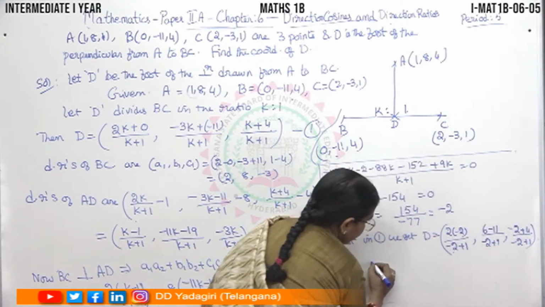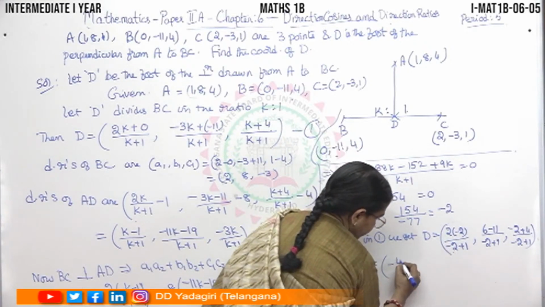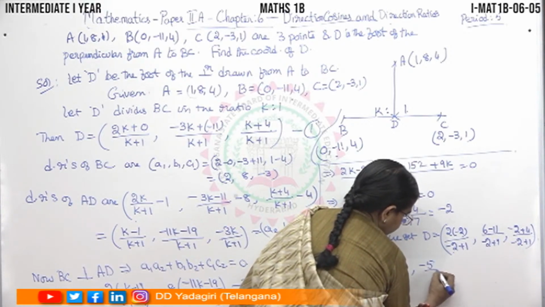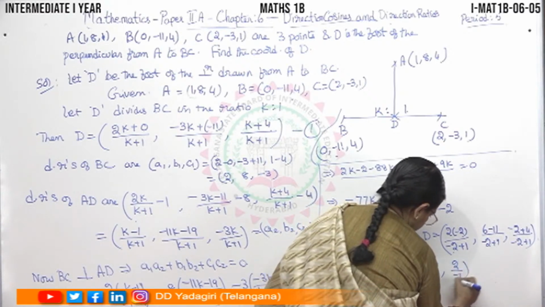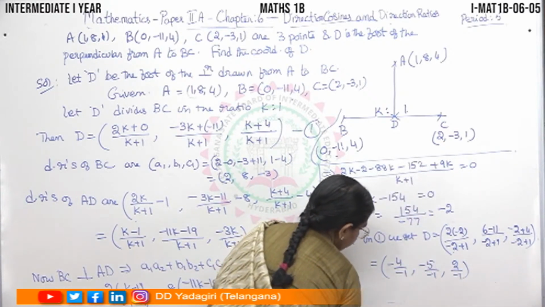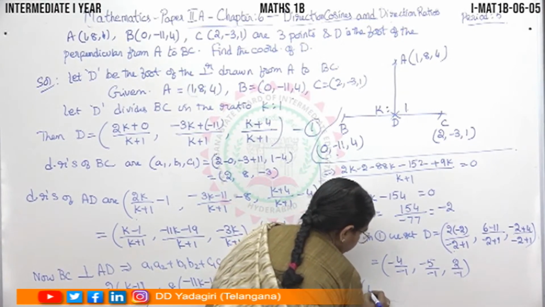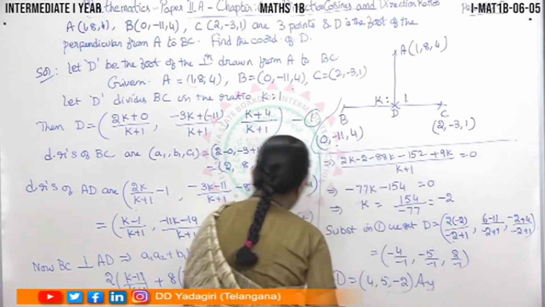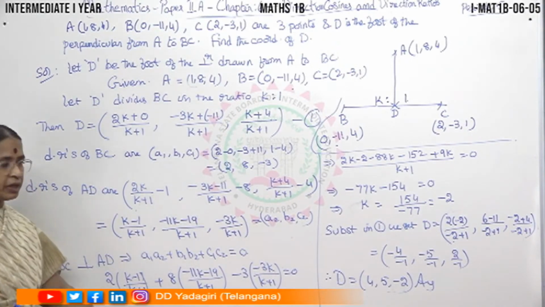Now when you simplify, it is minus 4 by minus 1, minus 5 by minus 1, and 2 by minus 1. So D is equal to (4, 5, −2). So this is your answer. The coordinates of D are 4, 5 and minus 2.